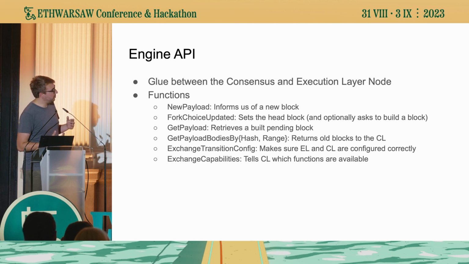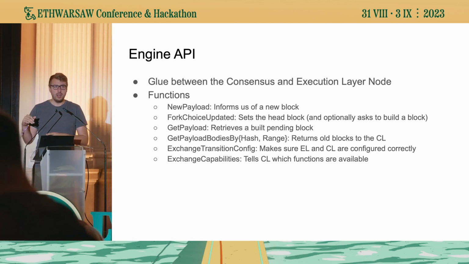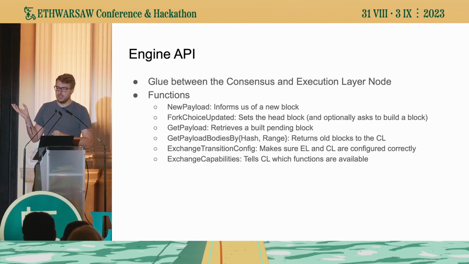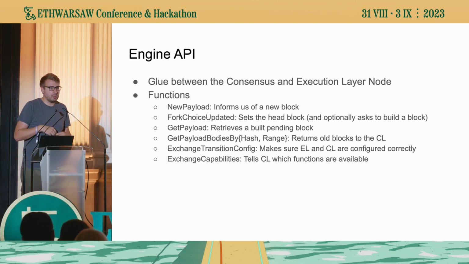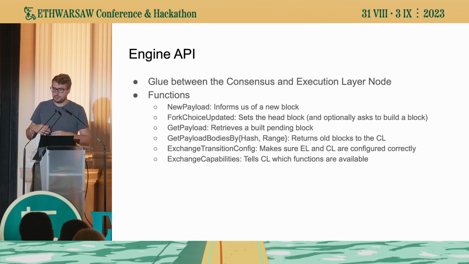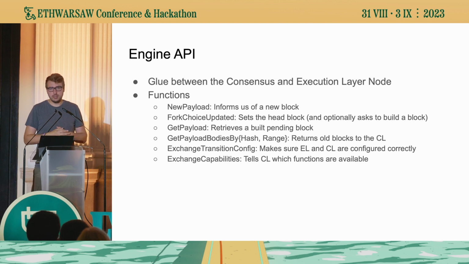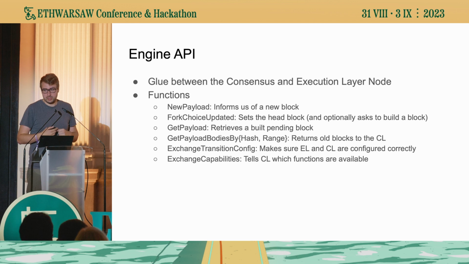The engine API, as I said, is the glue between the consensus and the execution layer. For those who don't know, Geth is an execution layer node, so it's responsible for executing the transactions. This engine API has a few functions that are standardized. The first function that we standardized was new payload.